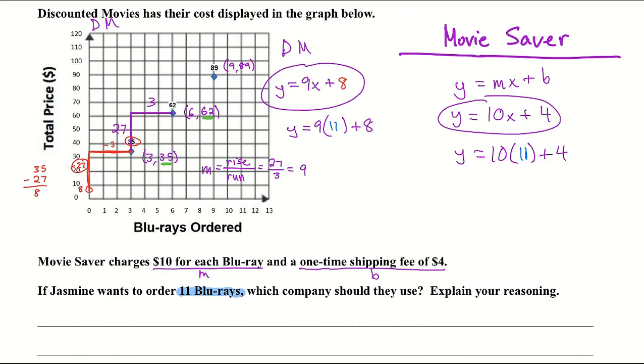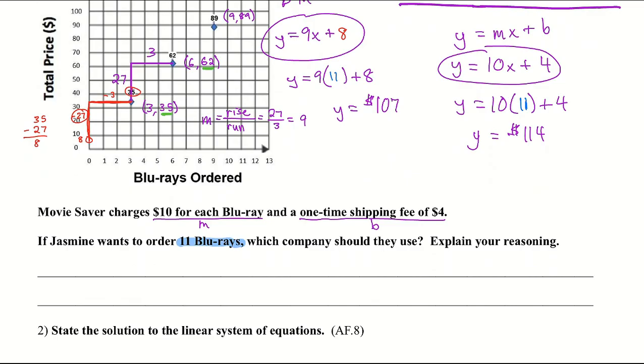All right. So for discounted movies, I'm just going to substitute this into a calculator. It's going to be $107 for discounted movies. For Movie Saver, it's going to be $114. We want the better buy. So the better buy is going to be discounted movies.